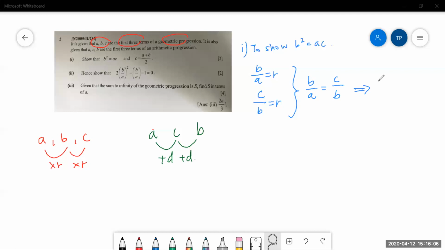So from here, crisscross, we will get B squared equals AC. I was using the other one, using the D. After that, you also have to use the D for the next part. I was using D for the first one, actually.